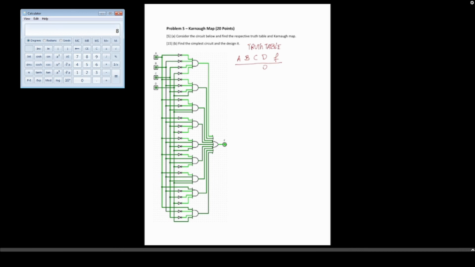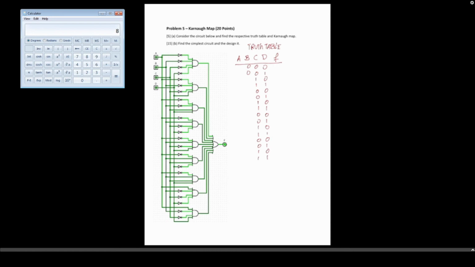Okay, same applies here. I'm going to write 16. I got 2, 4, 6, 8, 2, 4, 6, 8. And I do 0, 0, 1, 1, 0, 0, 1, 1, 0, 0, 1, 1, 0, 0, 1, 1.